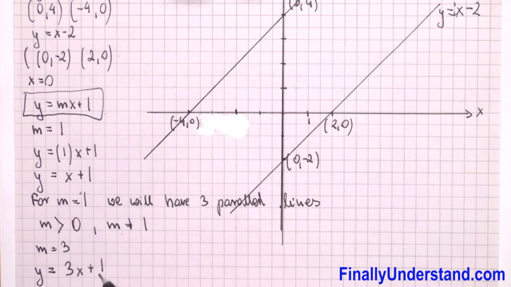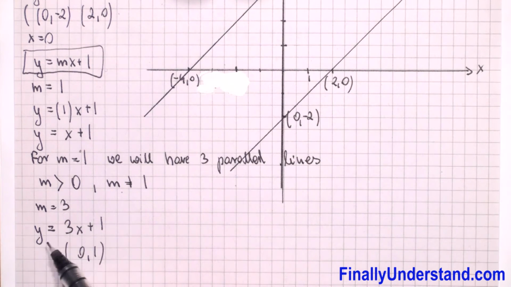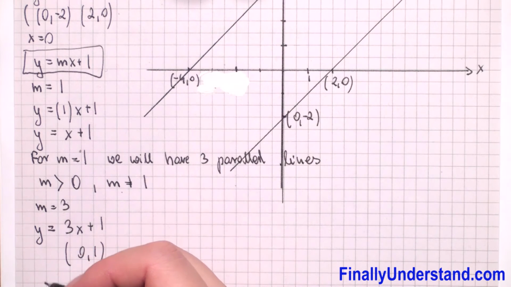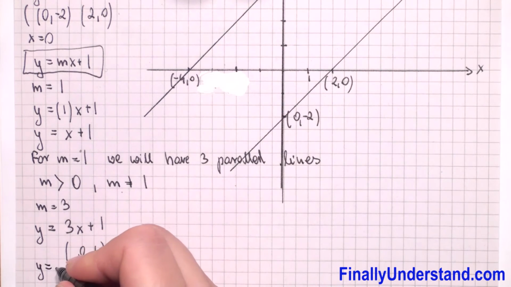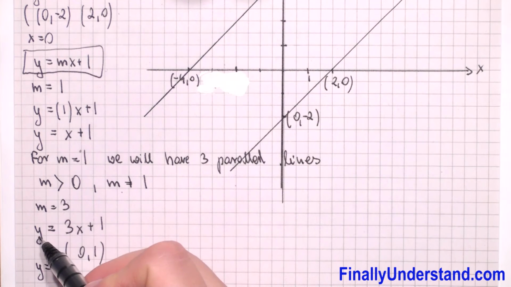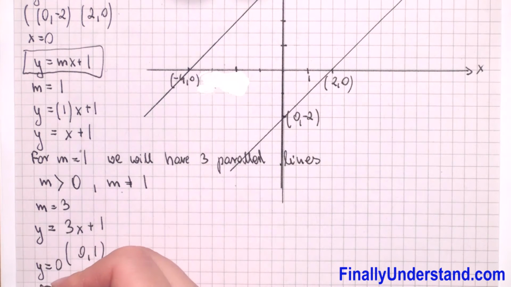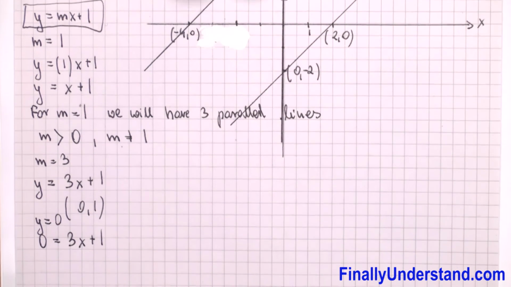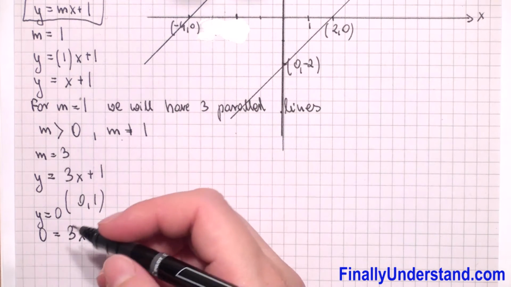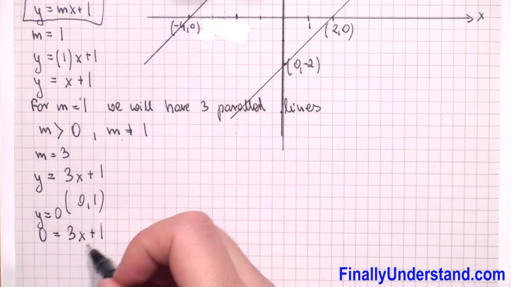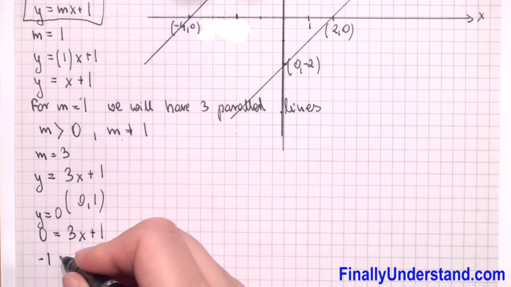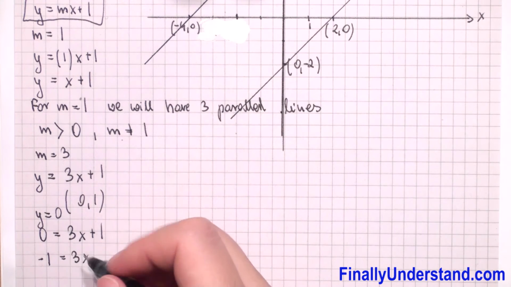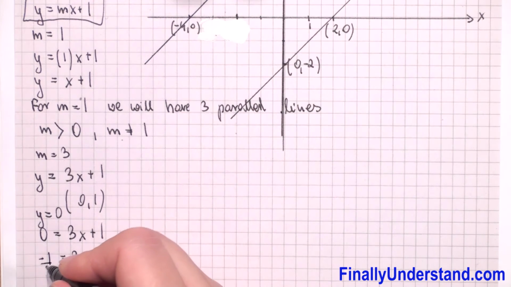So the y-intercept point will be 0, 1, and we need a second point to draw the graph of our line. So let's put that y is equal 0 now. If we substitute y by 0, we will have 0 is equal 3x plus 1. I will move 1 to the left side, so it will be negative 1 is equal 3x, and now I will divide both sides by 3.